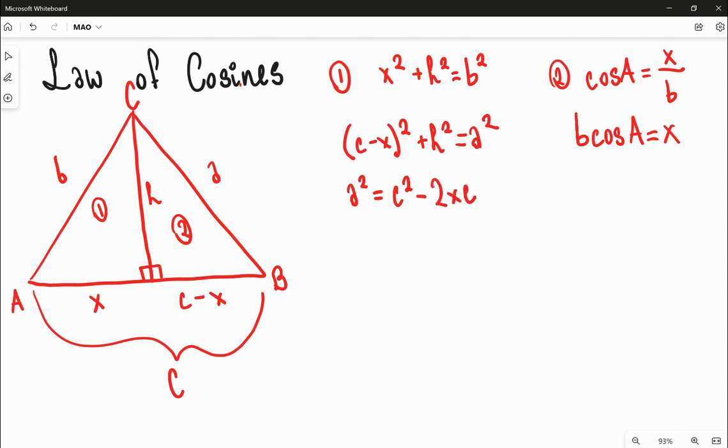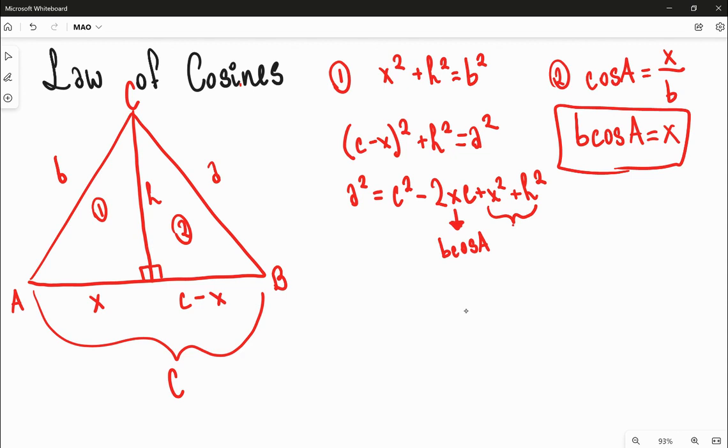We're breaking this c minus x squared out, simplifying it really, plus x squared plus h squared. Well, we know that x from this statement here is equal to b cosine A. And we know that this here, x squared plus h squared from this term, is equal to b squared.